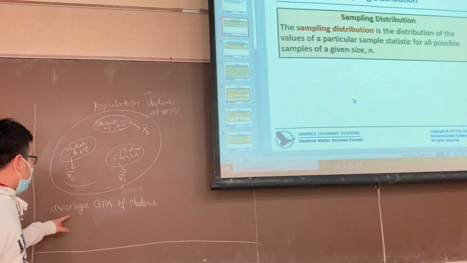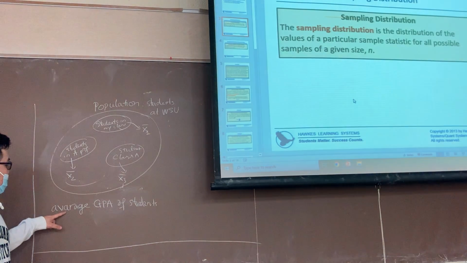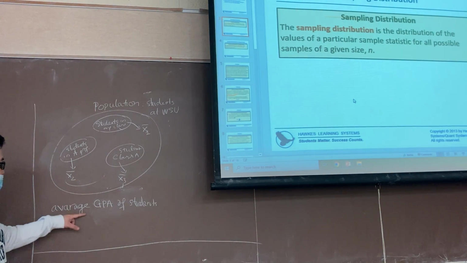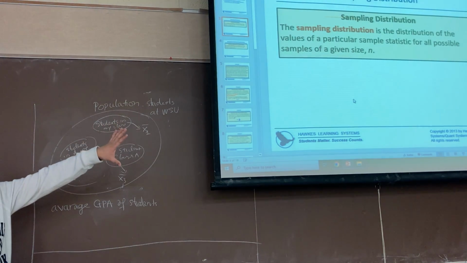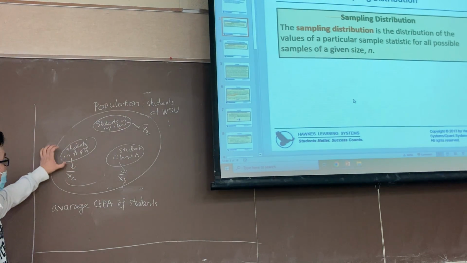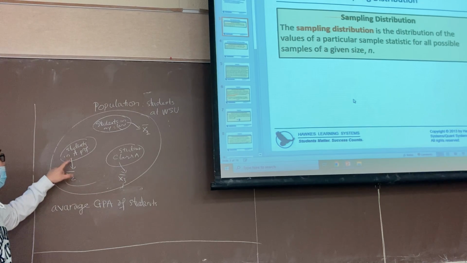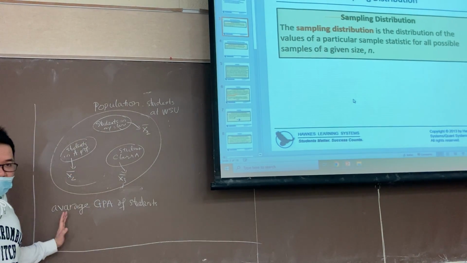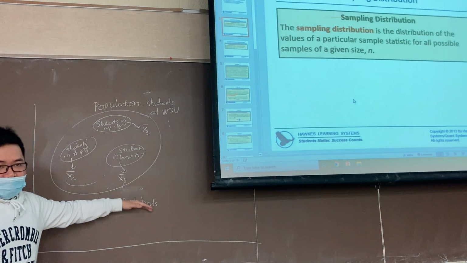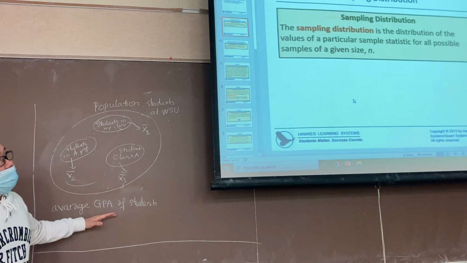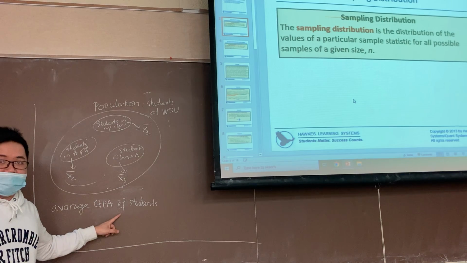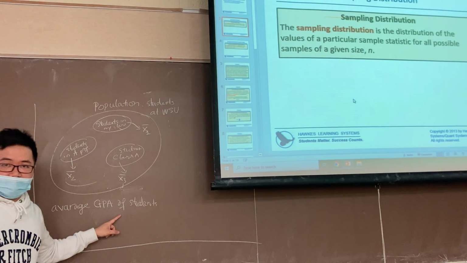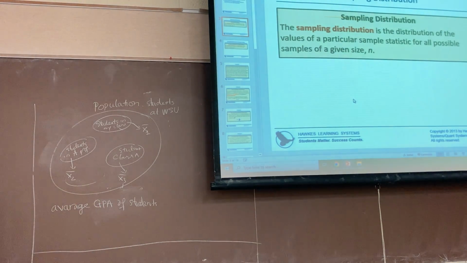Here the statistic is the average GPA of students. So to find the sampling distribution, we measure the average GPA of each sample, and after that we draw the graph. This graph will be the sampling distribution of the average GPA of students at Wednesday University. Clear, right? That is the definition of sampling distribution.